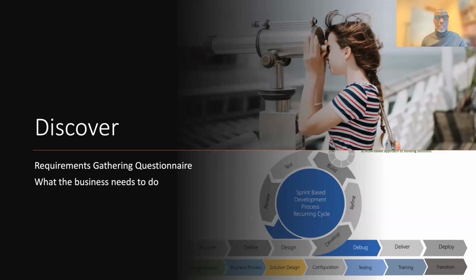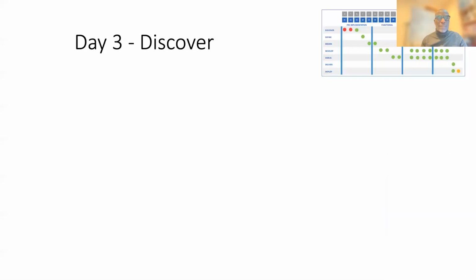We're looking at this more from what the business needs to do. We have a series of guided questions, which are questionnaires that we'll look at for each of the different modules. Then we'll go into the core of the scope. So we'll need to confirm the scope. We actually are starting with the scope.